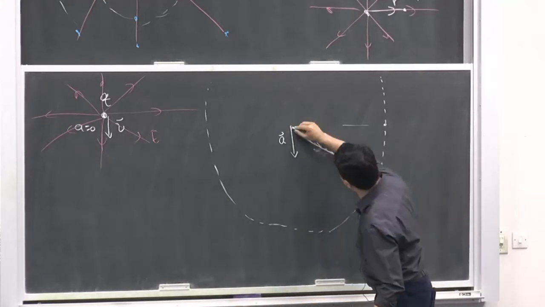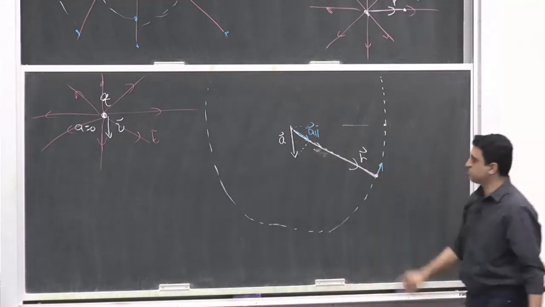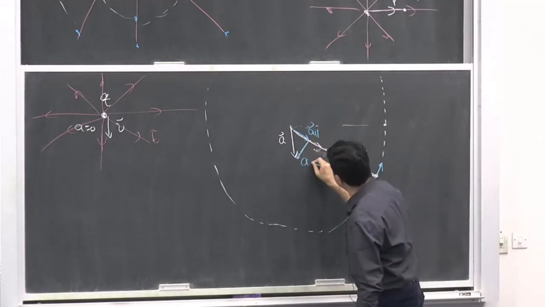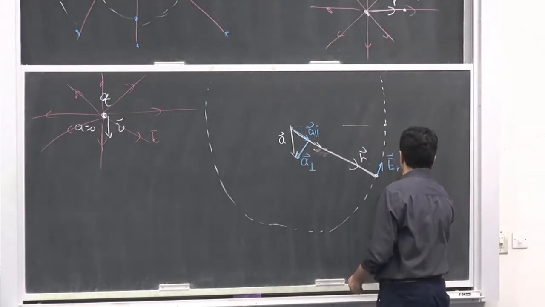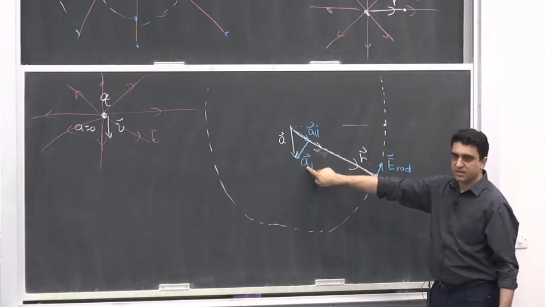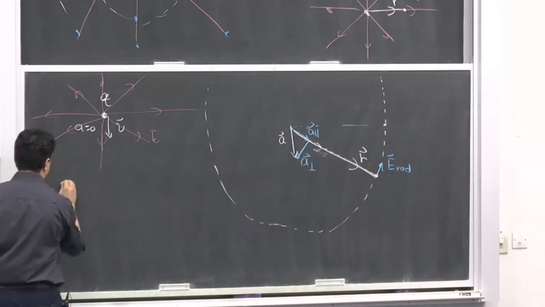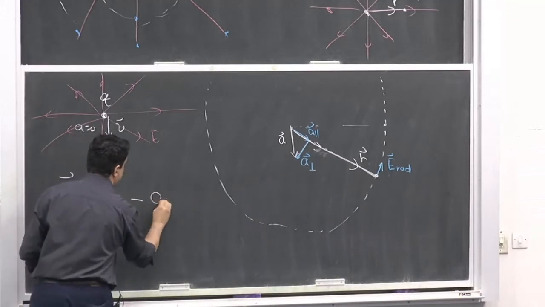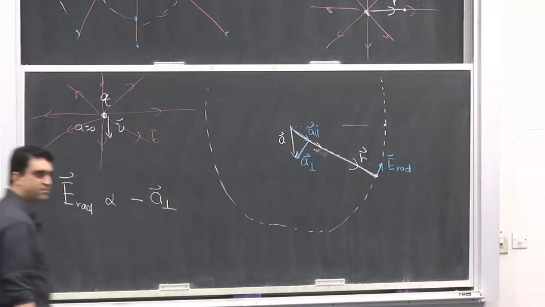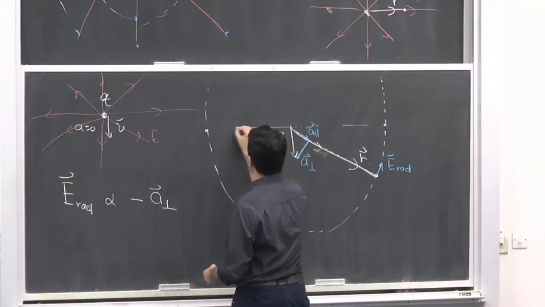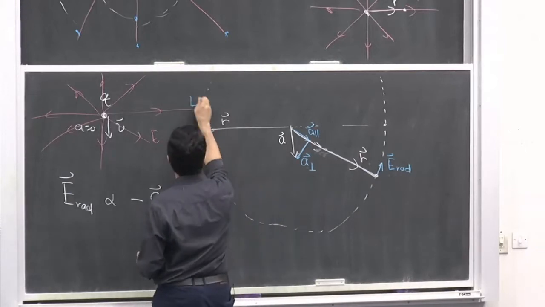So what does it tell you? That an accelerating charge produces a transverse electric field, and that transverse electric field is called the radiation field, or the radiation electric field, so to say.